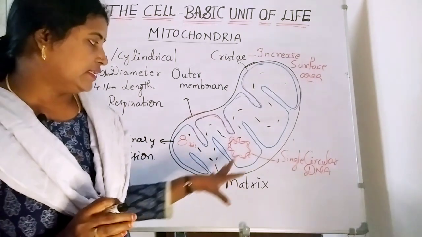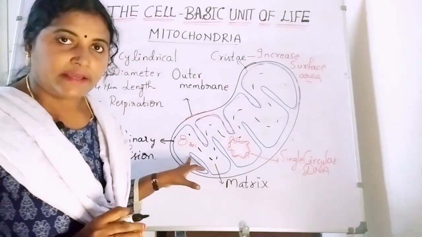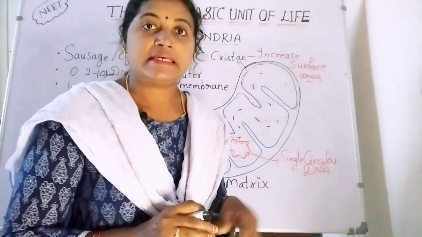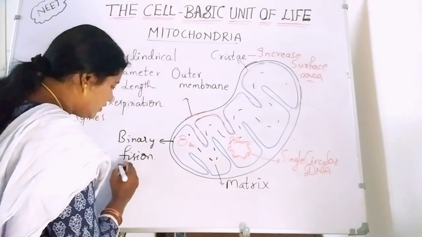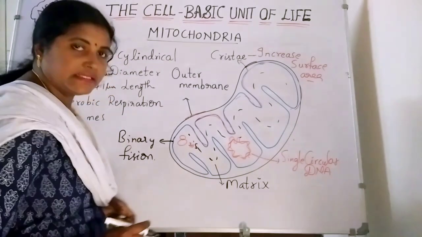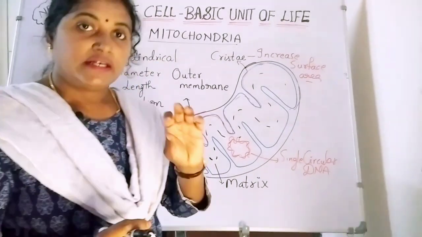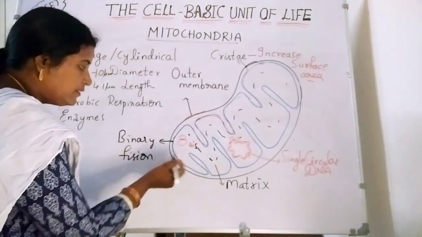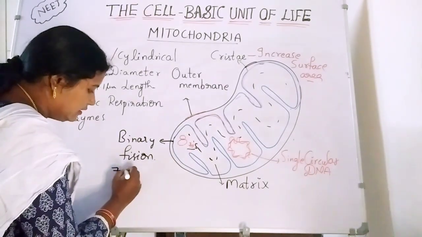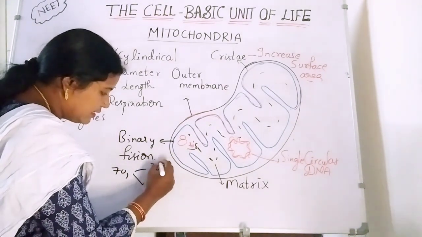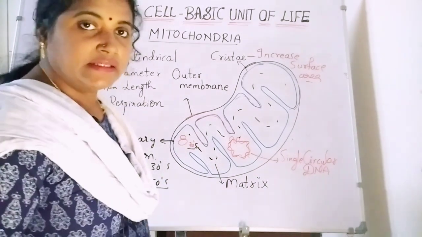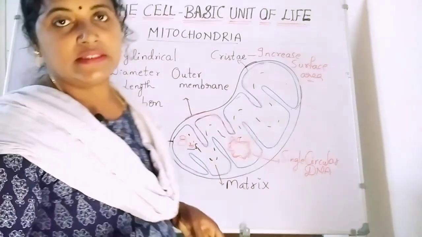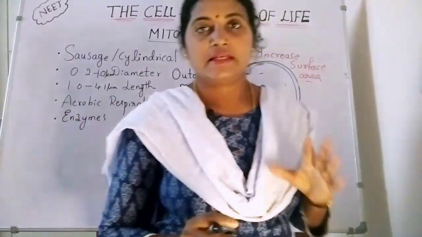It also contains ribosomes. What is the type of ribosome here? 70S type of ribosome. S is for subunits. This 70S contains two subunits, 30S and 50S subunits, which together form the 70S ribosome.